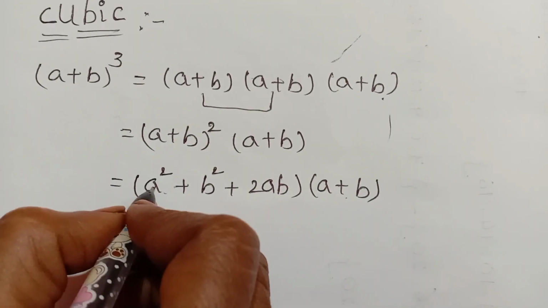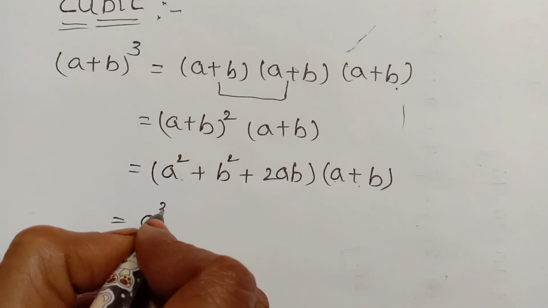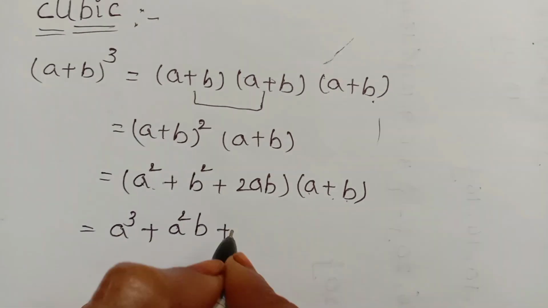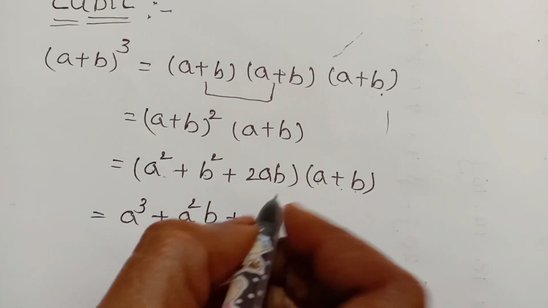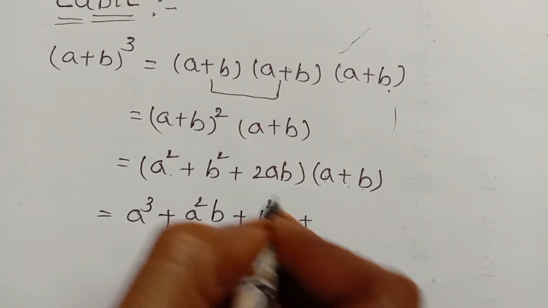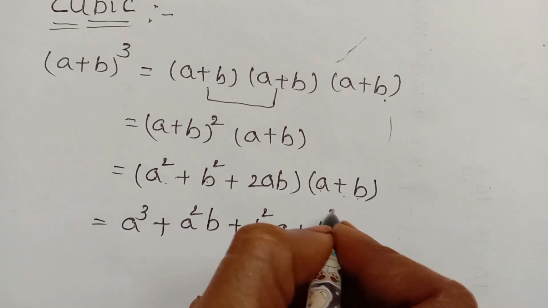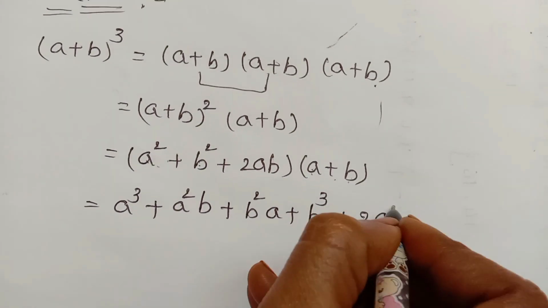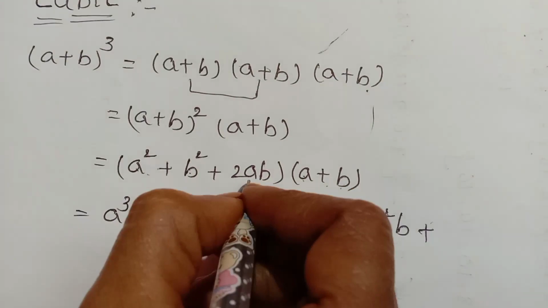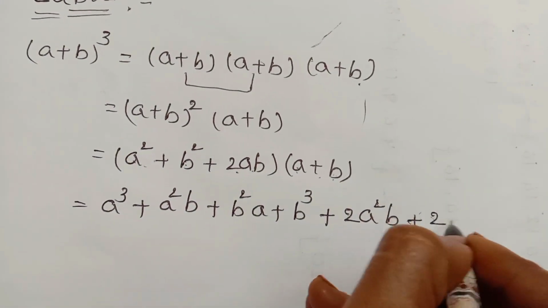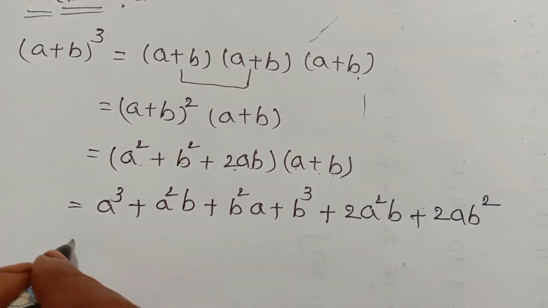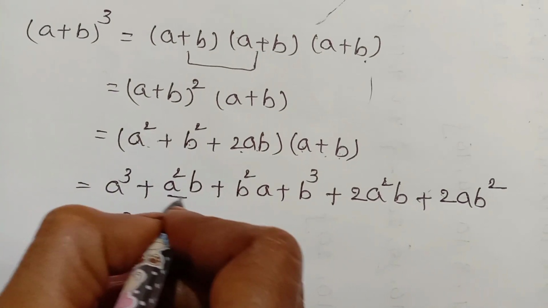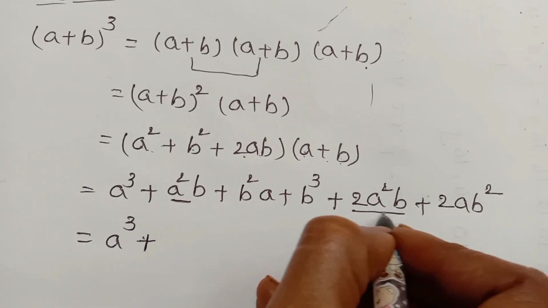Multiplying this one: a square into a, a cube; a square into b, a square b; b square into a, b square a; b square into b, b cubed; plus 2ab into a, 2a square b; plus 2ab into b, 2ab square. That is equal to a cube plus a square b plus 2a square b.